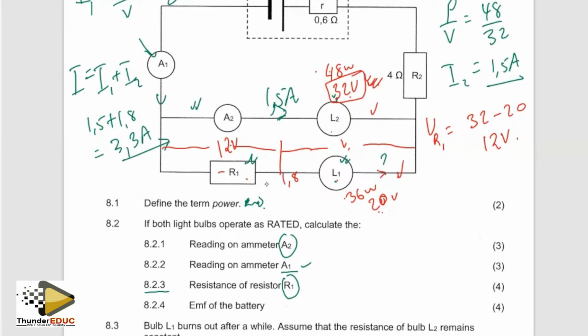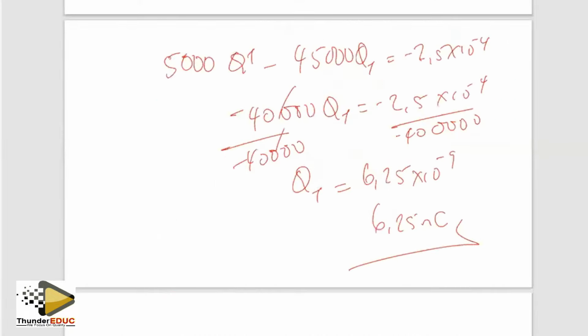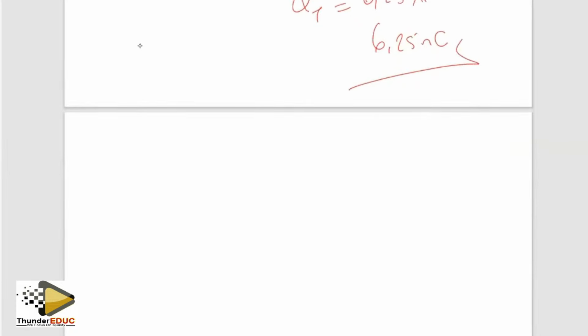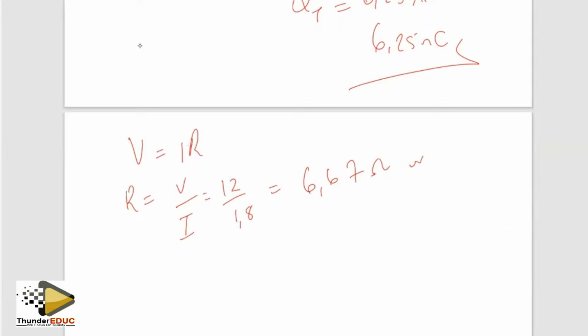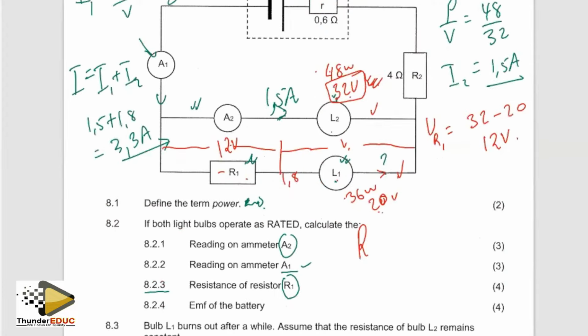So from Ohm's law, where V is equal to IR, we're looking for R, which is the voltage over the current. Our voltage is 12 and our current is 1.8. So 12 divided by 1.8 gives me 6.67 ohms. Alternatively, you can give it as a fraction, 20 over 3 ohms. So that is what I'm getting for that resistor.